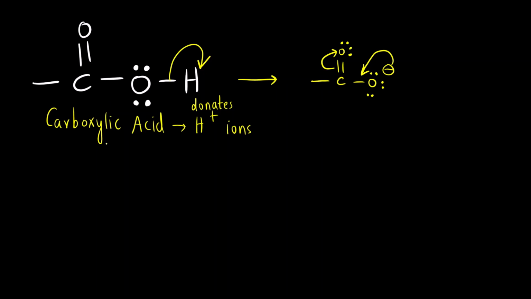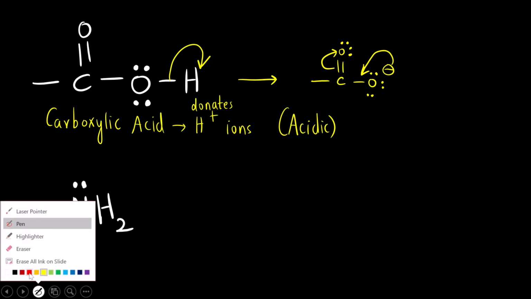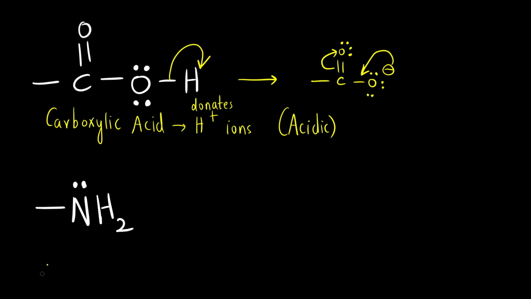We know that. So if carboxylic acid groups are present more, we say that the amino acid is acidic in nature. We'll understand with the help of some cases. Another functional group present in amino acids is the amine group. And amines are basic in nature. They can donate electrons. We know what is a Lewis base.